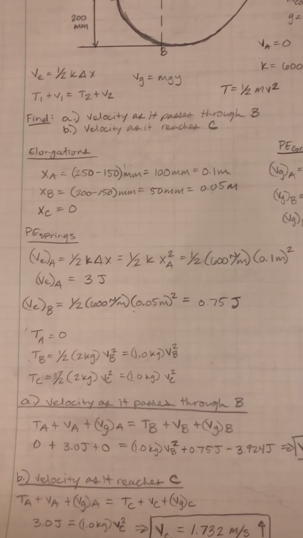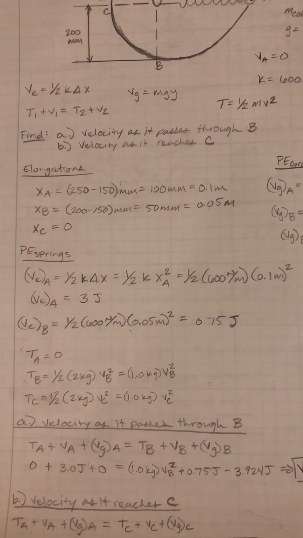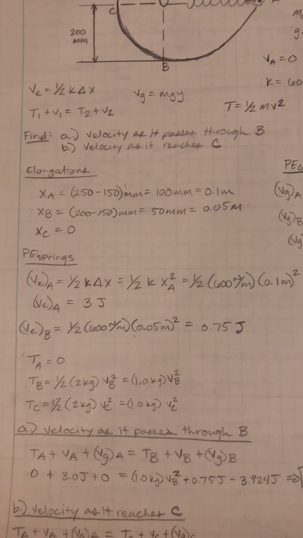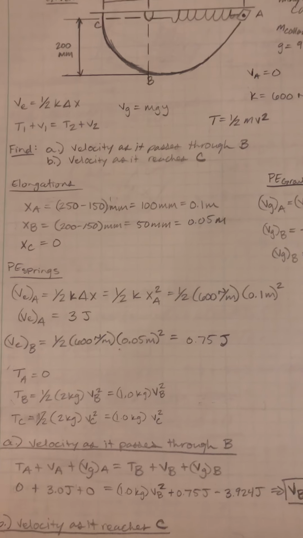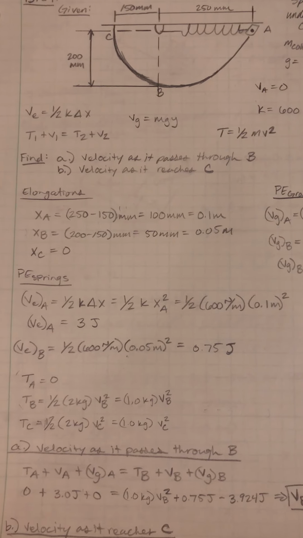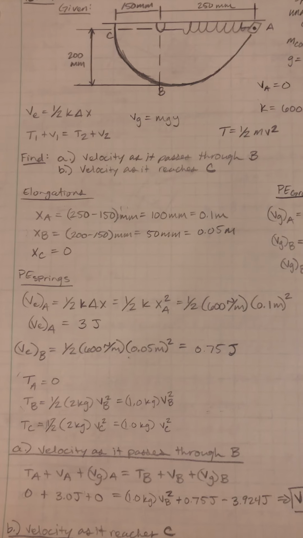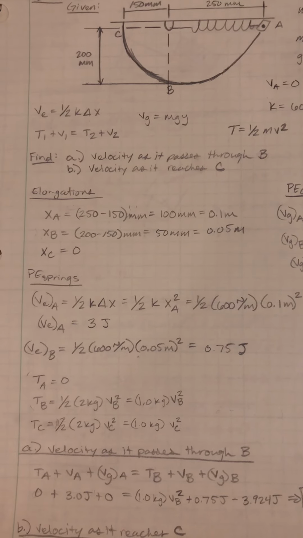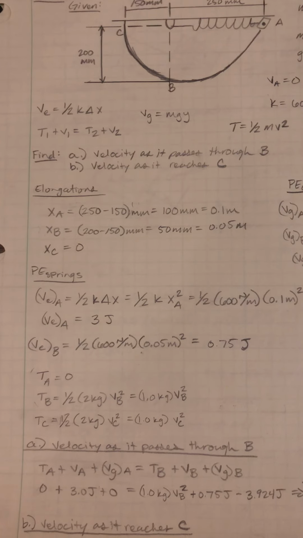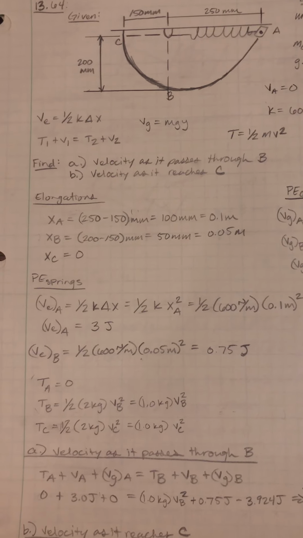Here we find the potential energy of the springs using the 1/2 K delta X equation. So the potential energy of the spring at position A is equal to 3 joules, and at position B is equal to 0.75 joules.